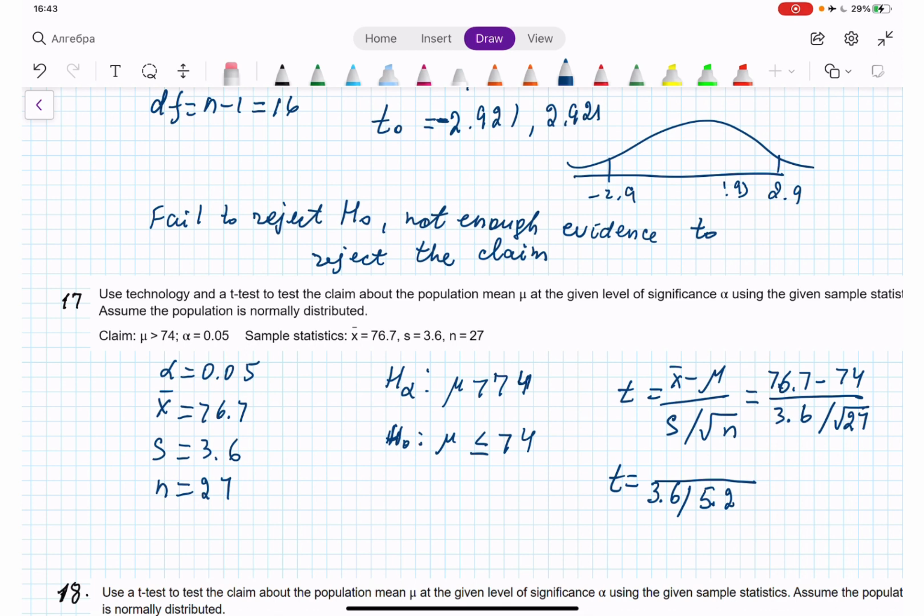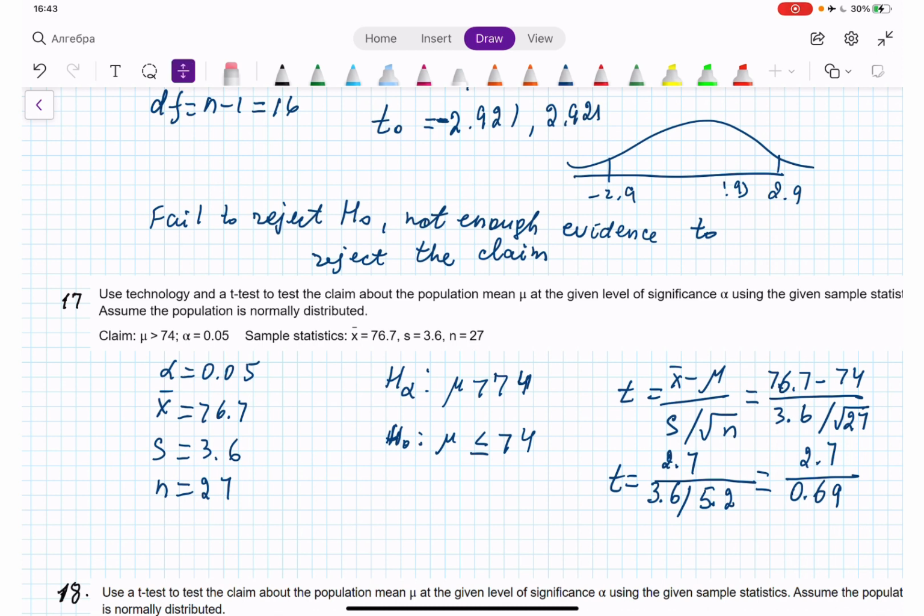76.7 minus 74 is going to be 2.7. From here, 3.6 divided by 5.2, I am getting 0.7, 0.69. Okay, let me put 0.69 and 2.7.